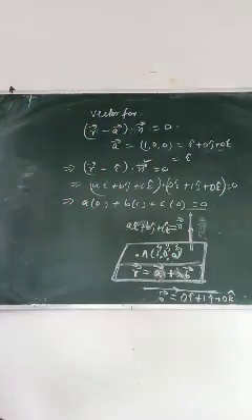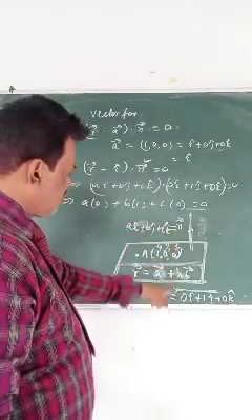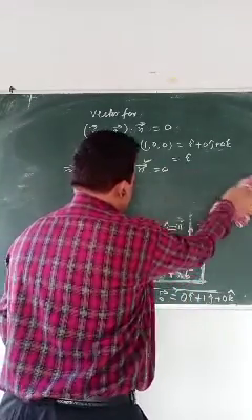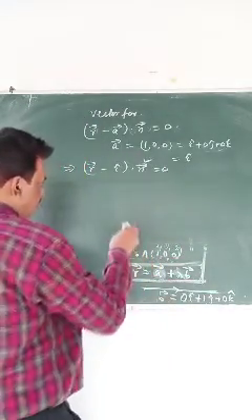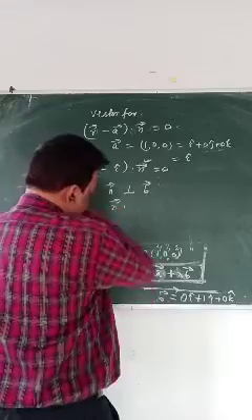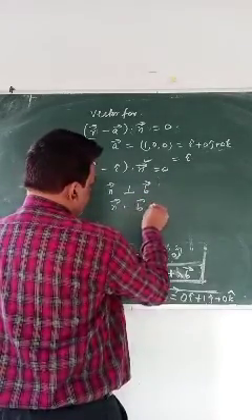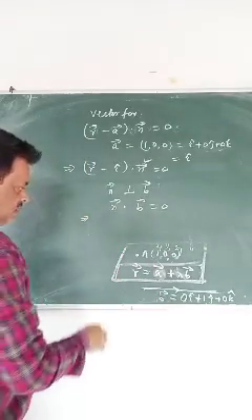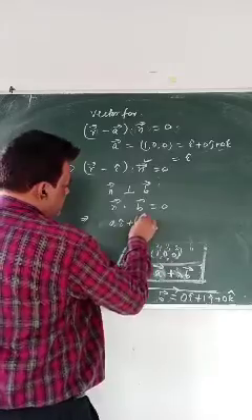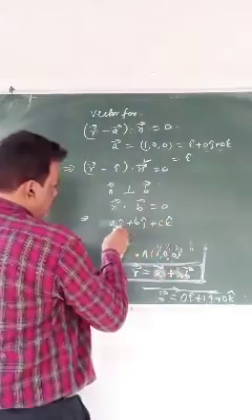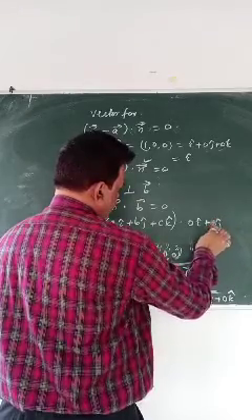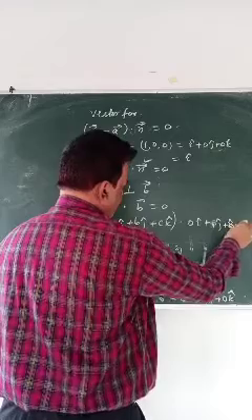Let's find out from here. You are finding n perpendicular to b, that is n dot b equals 0, implies (ai plus bj plus ck) dot (0i plus 1j plus 0k) equals 0.